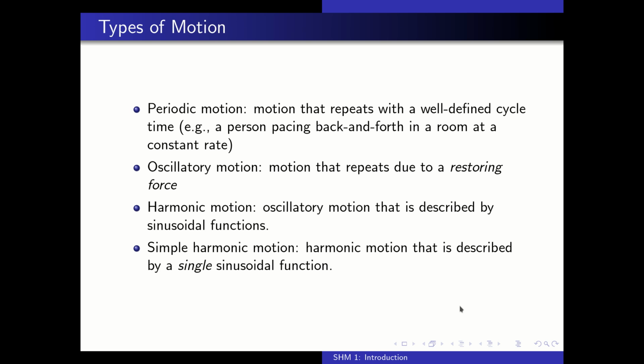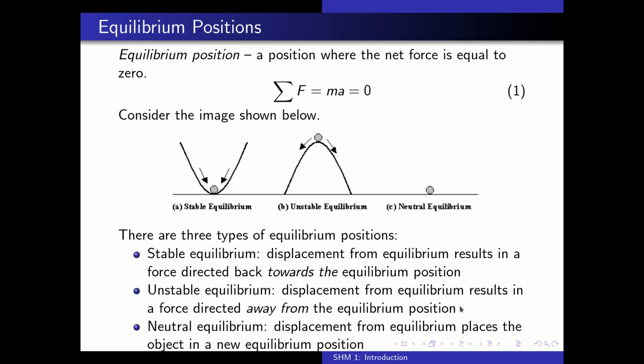And because this motion can be described by sums of these sines or cosines, multiple sines or cosines added together, we make a distinction between that sort of general case of harmonic motion that may be described by multiple sinusoidal functions added together, and simple harmonic motion, which is harmonic motion described by a single sinusoidal function. Let's go ahead and talk about that case a little bit more.